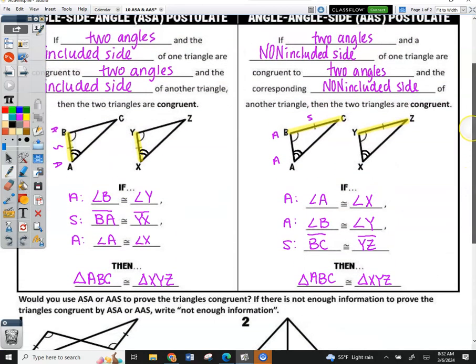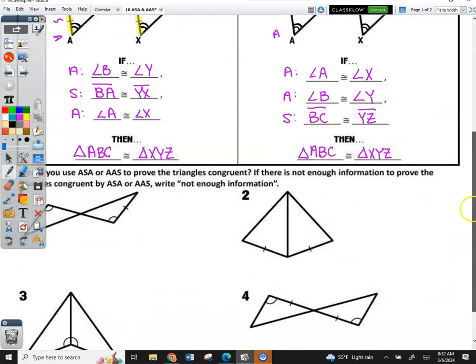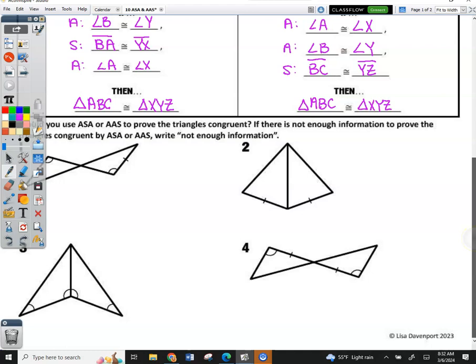Do you notice these pictures, the triangles are not touching at all? Do you notice down here these are touching somehow? When you have triangles that are touching, most of the time there's info that needs to be marked that's not marked, and if you don't mark it before you answer the question, you're going to be lost. So let me show you the 2 most common scenarios, right?